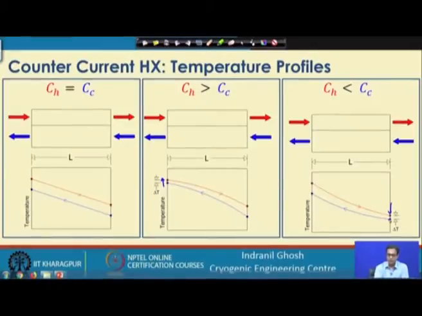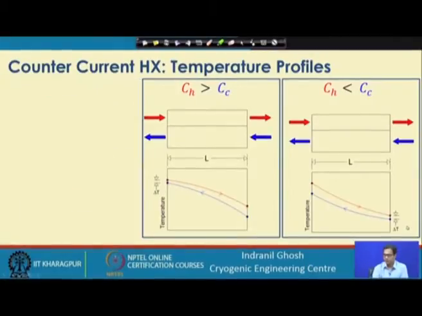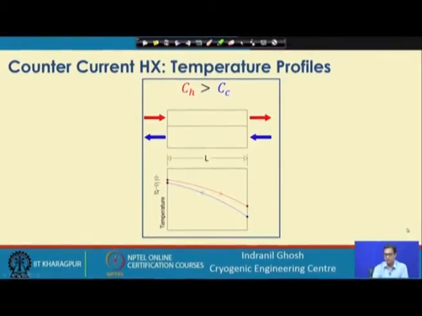So, the temperature profile will look like this shown in this figure. Now, let us consider for the time being that CH is greater than CC and let us try to simulate the design problem for this situation.